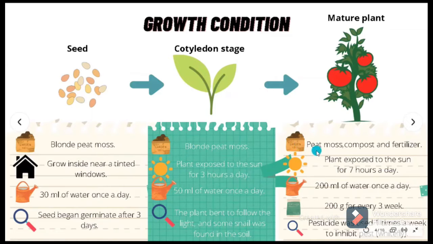For the mature plant, it was exposed to the sun for 7 hours a day, with fertilizer added every 3 weeks, and pesticide was used once a week to inhibit pests, especially whitefly.